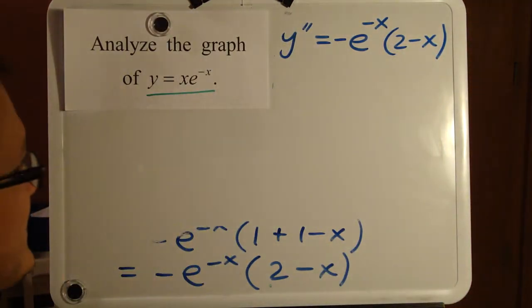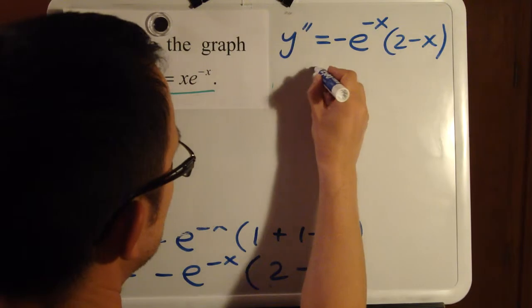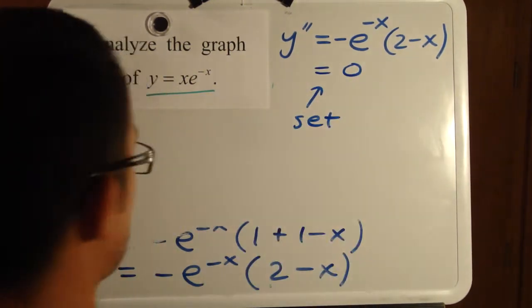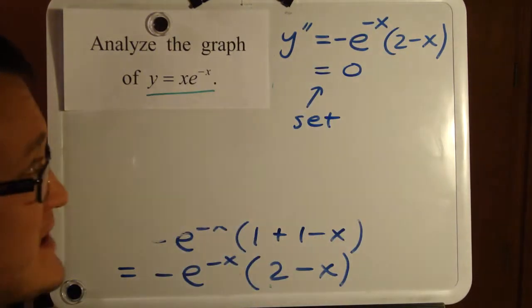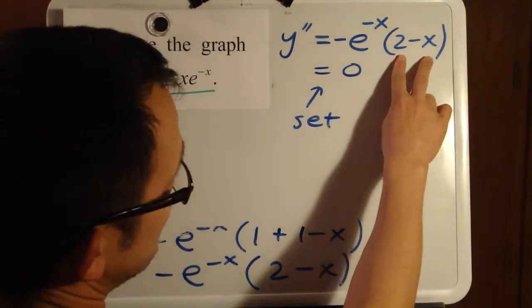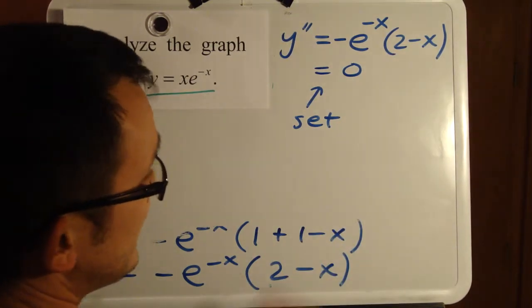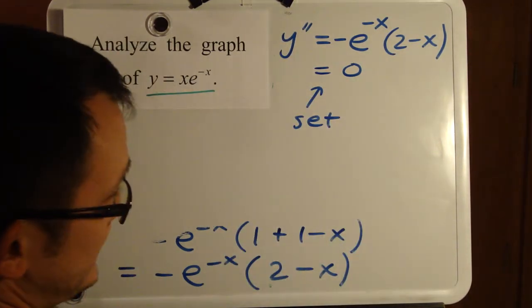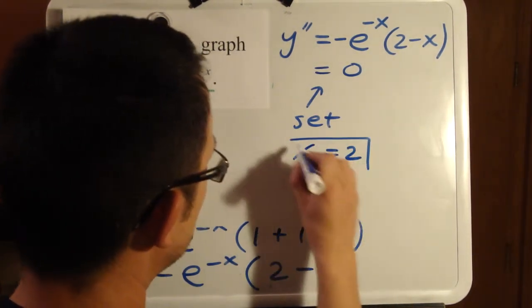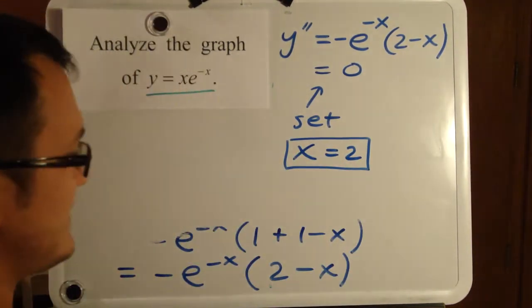So what we can do here is, if we set this equal to 0, as we did before, we already noted that the exponential part is not going to equal 0. So the only place where this is going to happen is when the second term is equal to 0, and you can see there x will equal 2. So we have to be careful here, as we've talked about this before.